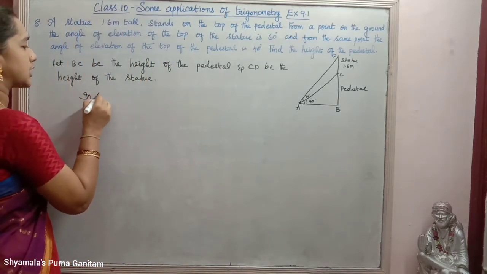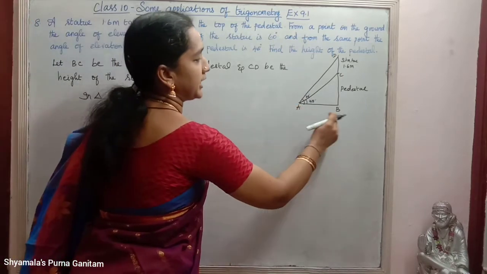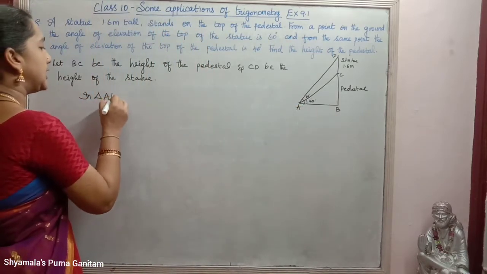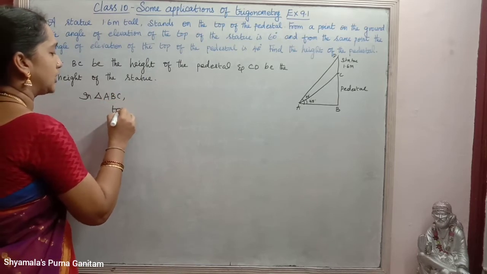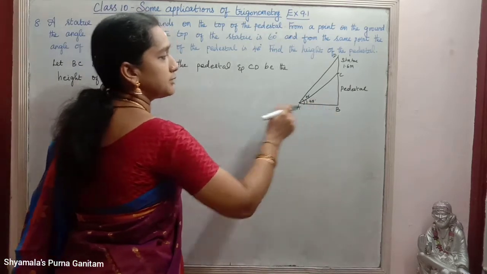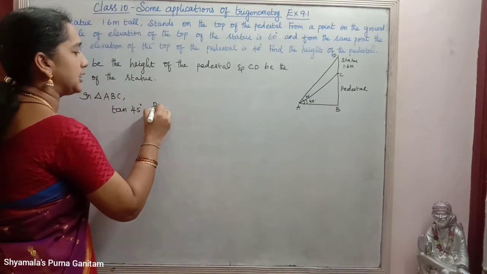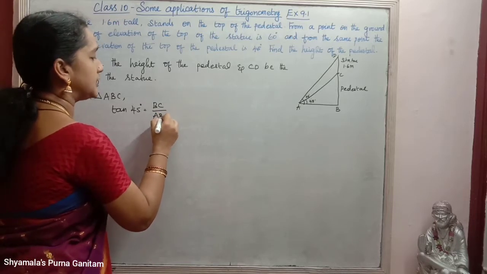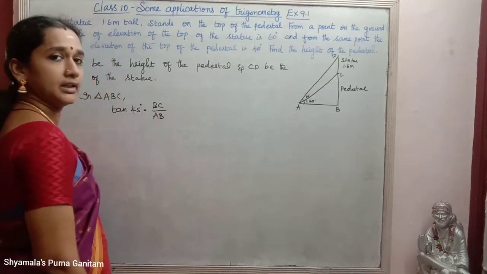What is the triangle we take for tan 45? It is ABC. In triangle ABC, tan 45 is equal to opposite by adjacent. Opposite is BC, the height of the pedestal, by AB. AB is the distance between the point and the pedestal.